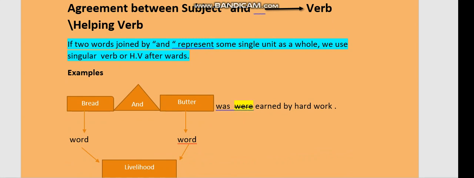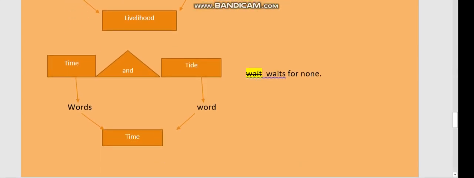Bread and butter was earned by hard work, not were, because were is a plural helping verb, and we have to use a singular verb. Next is time and tide. Waits for none, not wait, because time and tide shows a single subject, and we have to choose a singular verb for this, that is waits, not wait.